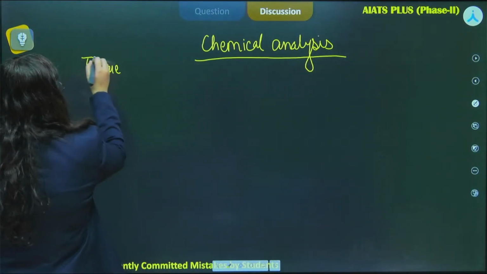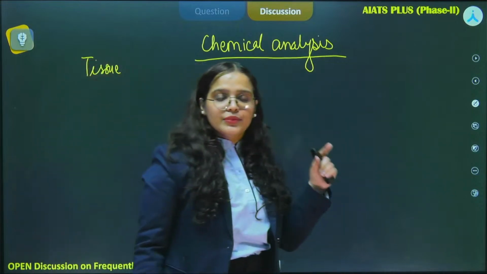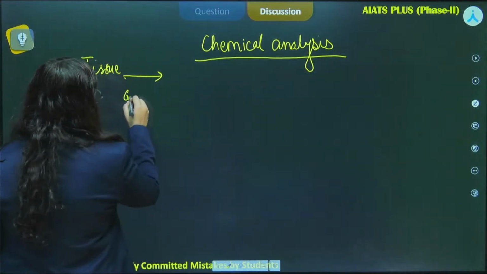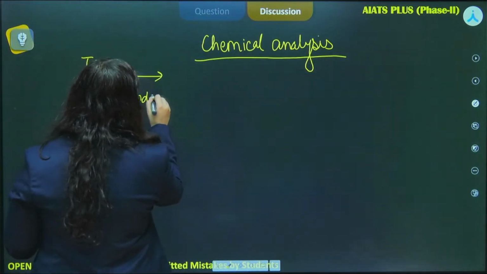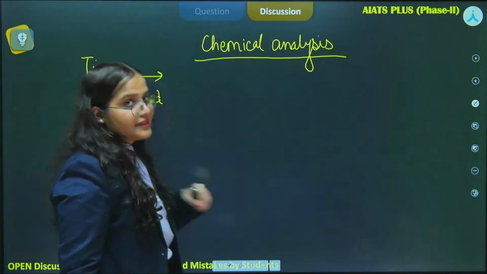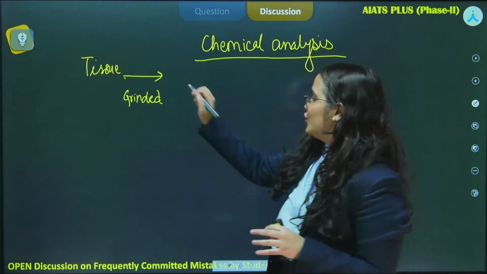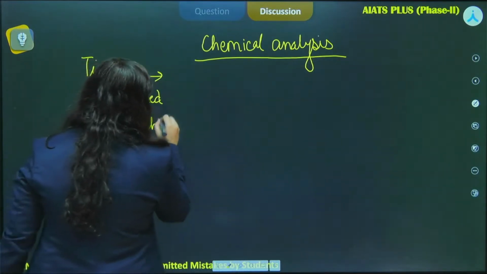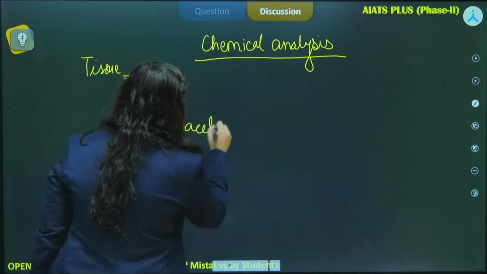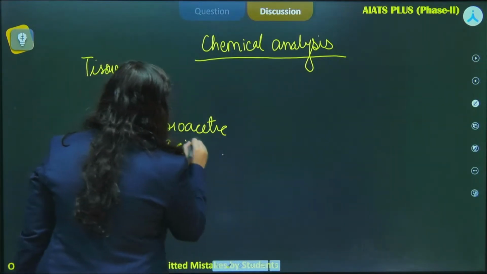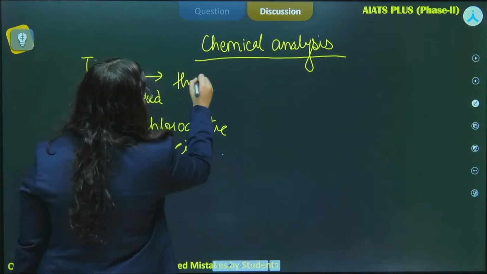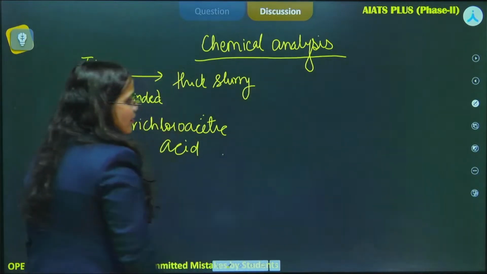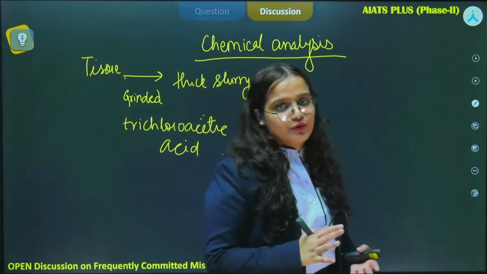Obviously, we'll take a living tissue. We'll take a tissue sample from a living organism, and then it is ground with the help of mortar and pestle in the presence of trichloroacetic acid to form a thick slurry. Just imagine that you are crushing a substance, so obviously a thick slurry will be formed.